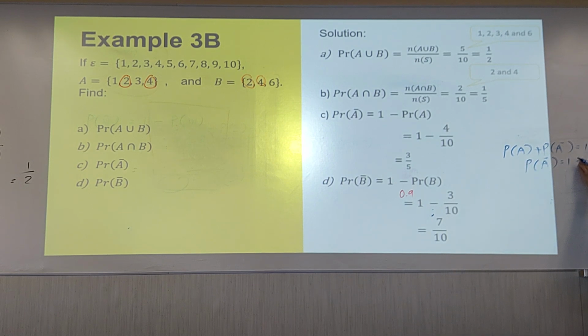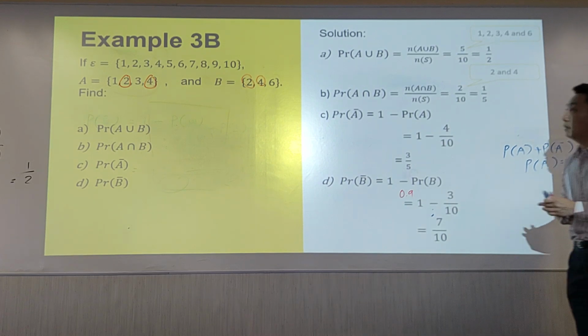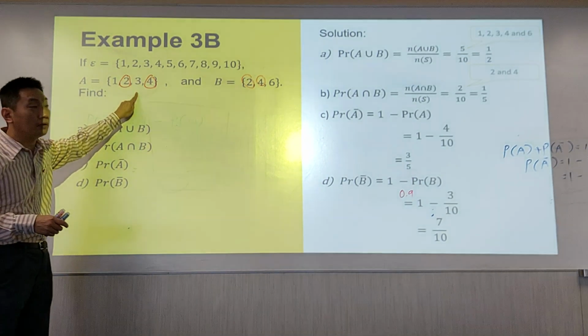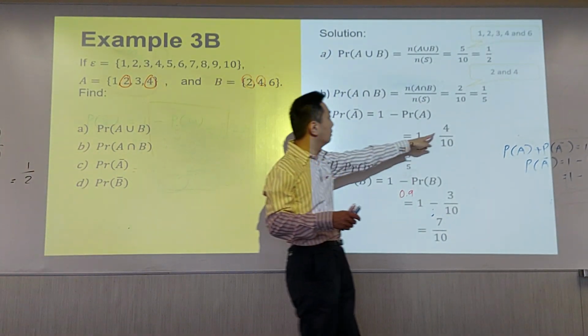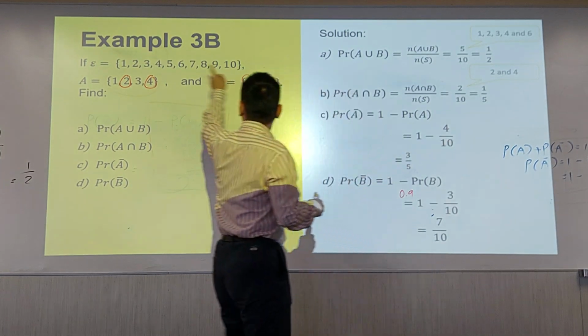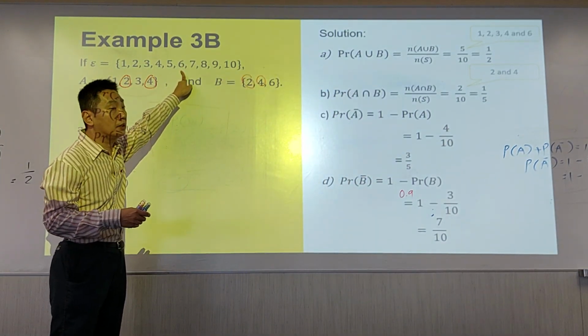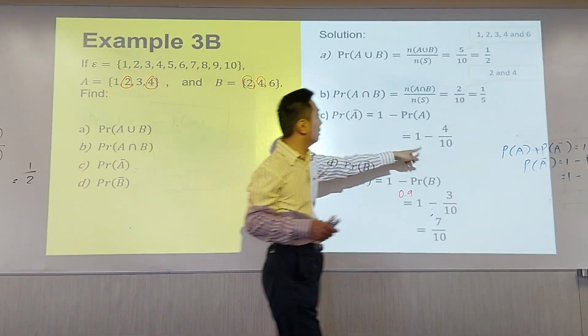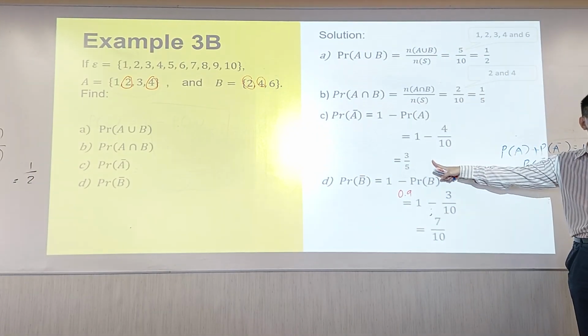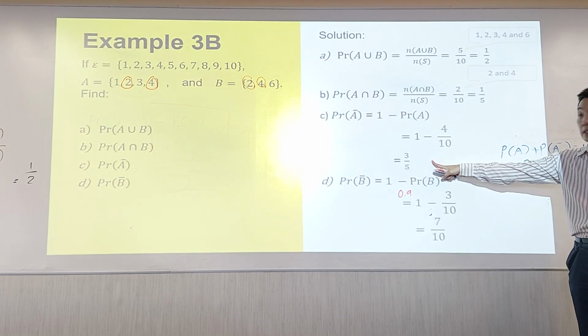It becomes 1 minus P(A). Now we have to get the probability of A. A has how many elements? 4 elements. So put 4 divided by the total elements in the sample space, 10. We get 3/5, or equal to 0.6, also okay. You can leave the answer in decimal.